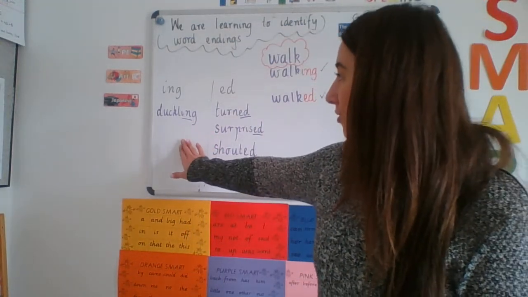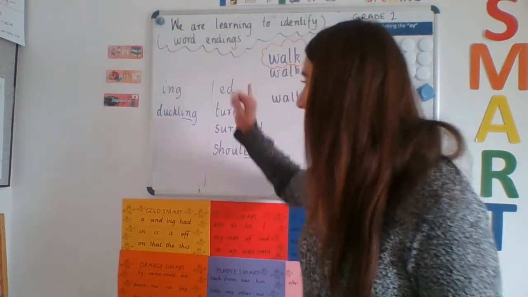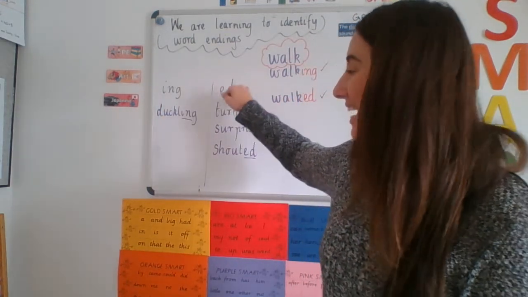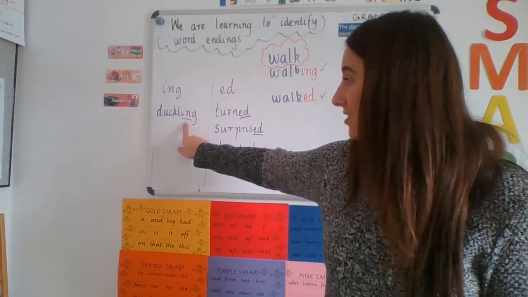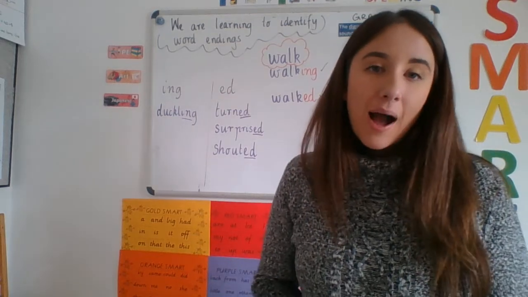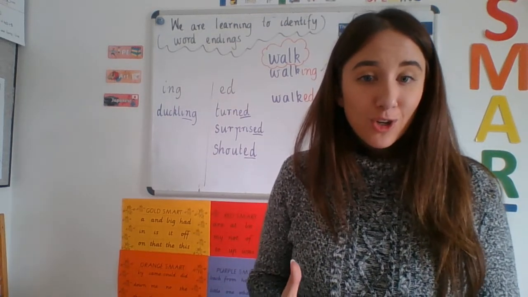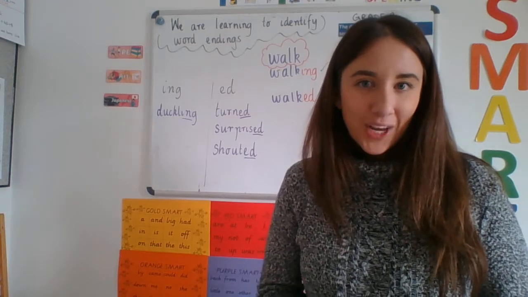You're going to make a list of all the ING words, and you are going to make a list of all the ED word endings, okay? Make sure you underline the word ending like I've done, okay? And make sure you're paying attention to those word endings so that when you read them, they make sense, okay?